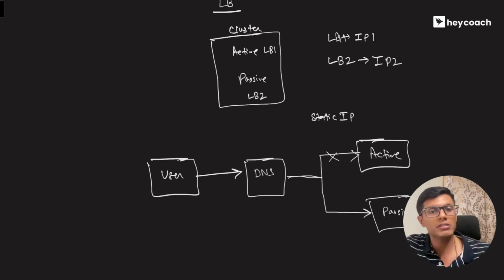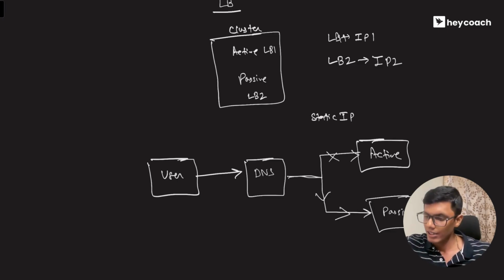So the IP address is not changing, the requests would start flowing into the passive load balancer, and everything else would work just fine, right?